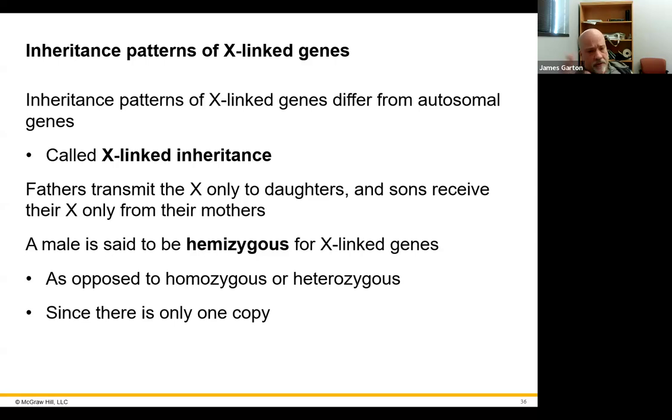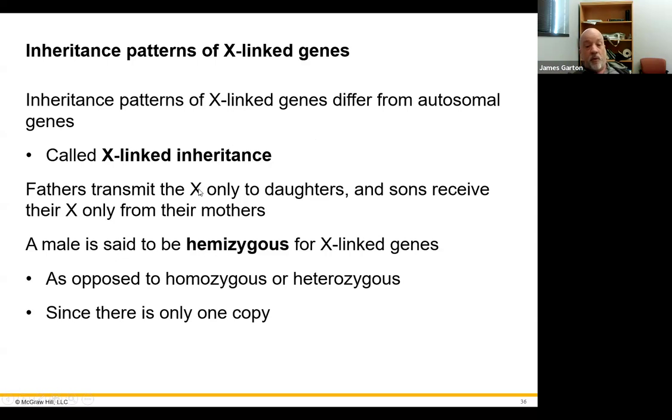Now, it turned out after a couple of rounds of testing, it was found that this gene that causes the white eyes was on the X chromosome. And flies use that XY system.